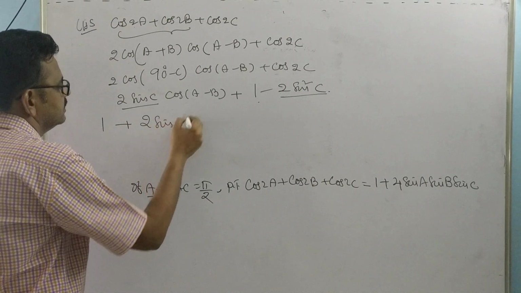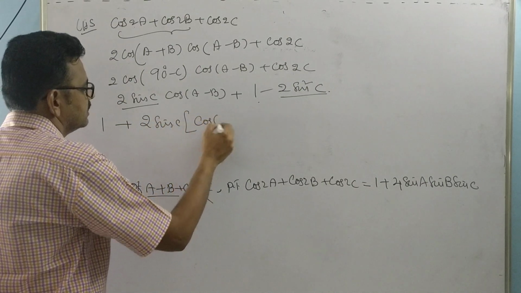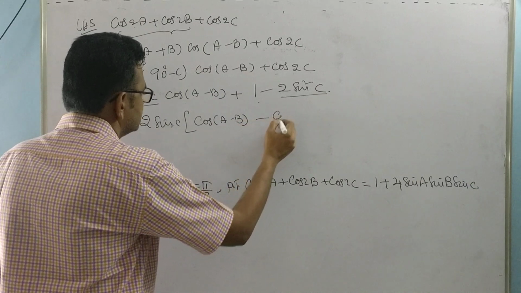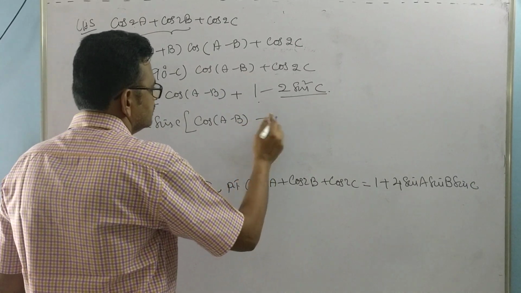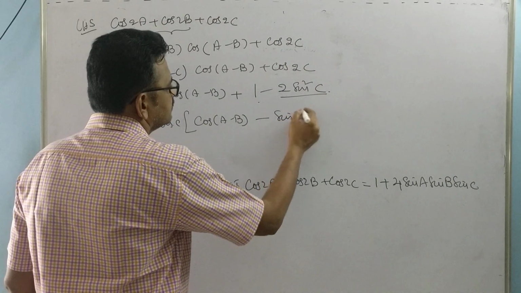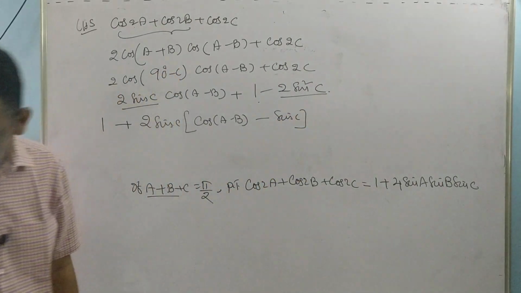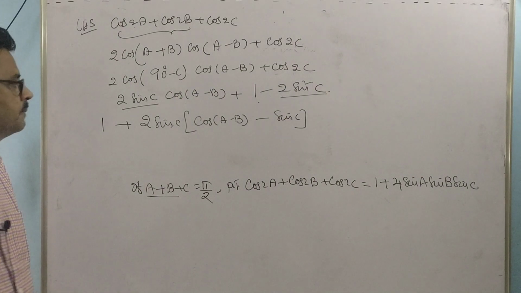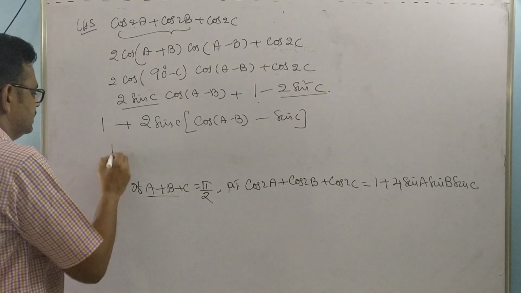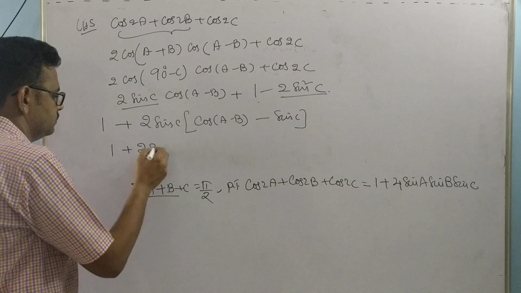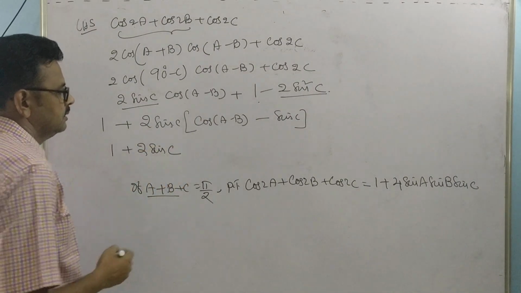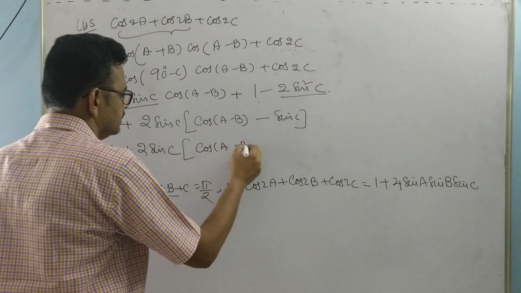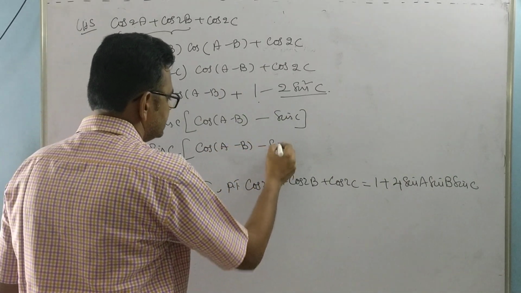So this is cos of A minus B minus sin C. So that is 1 plus 2 sin C into, so this is cos of A minus B minus sin of, where C is equal to what?